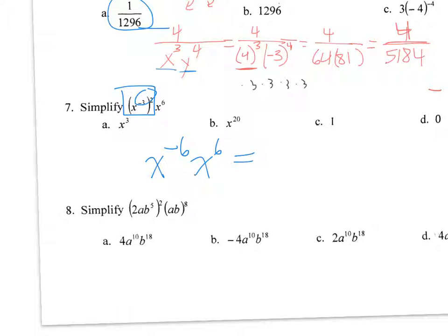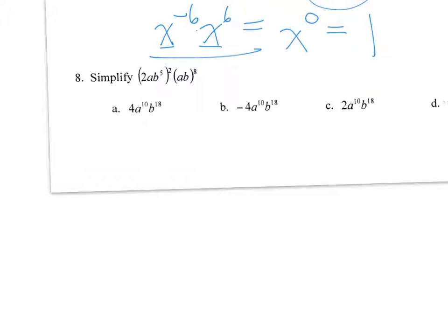Now what happens here when this is multiplication because it's right next to each other. When I multiply numbers and there's exponents involved, same base, I add the exponents. So negative 6 plus 6 is 0. Anything to the 0 power is 1.